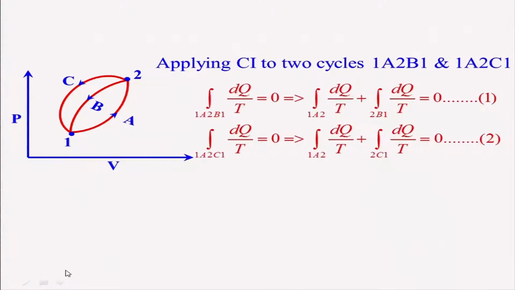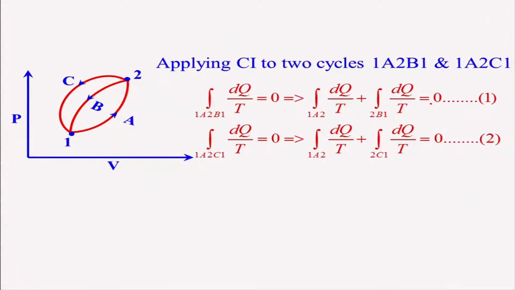Right. If you do that, what we will get? By the Clausius inequality, the cyclic integral of dq by T is equal to 0, because it is a reversible process, right. That is basically dq by T for the path 1 A 2 plus dq by T for the path 2 B 1 is equal to 0.